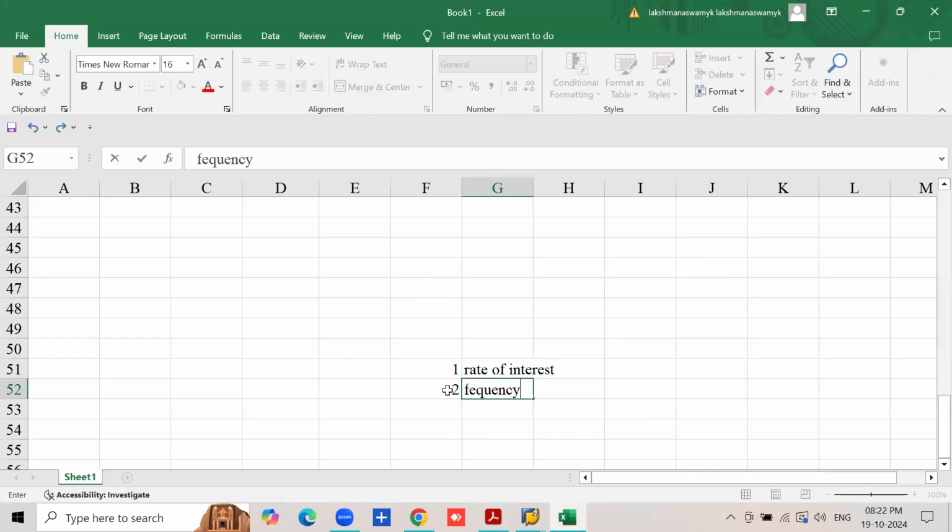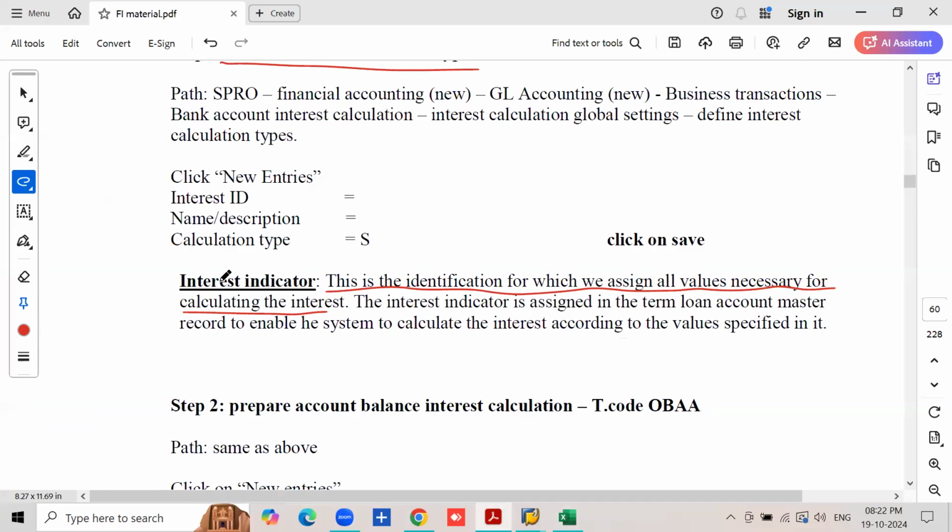Number three, number of days to be considered in a month. These are the values we require to calculate interest. All these values are assigned to one identification, and that identification is called the interest indicator.